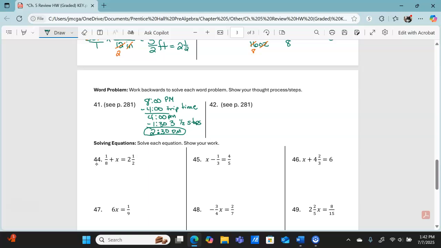Okay, 42. Buses bound for Los Angeles leave the station every hour from 6 a.m. to 8 p.m. How many buses leave the station?